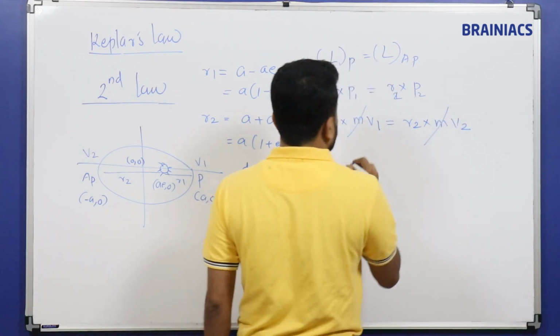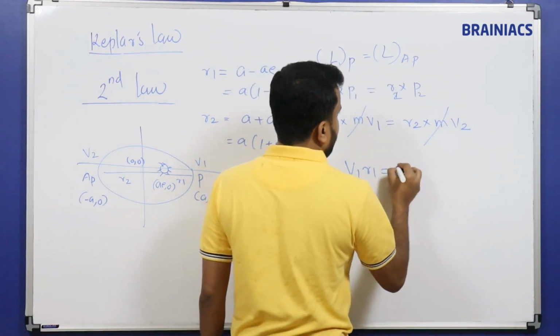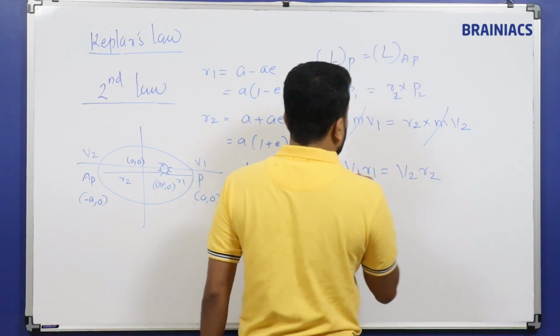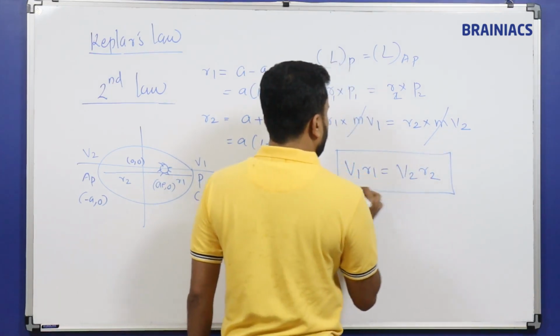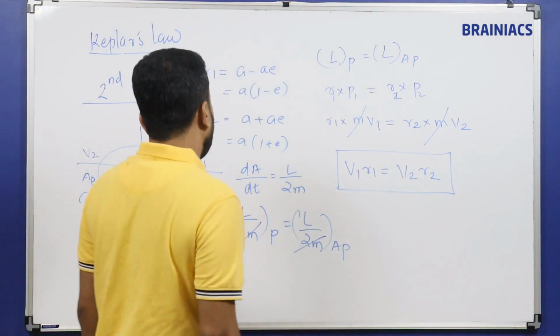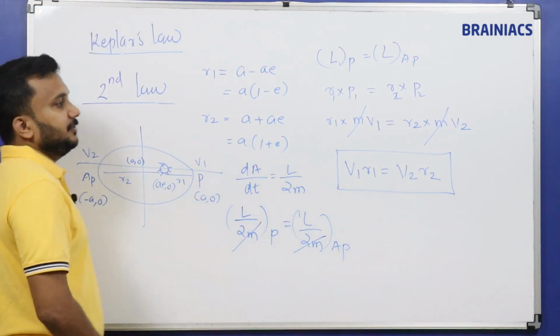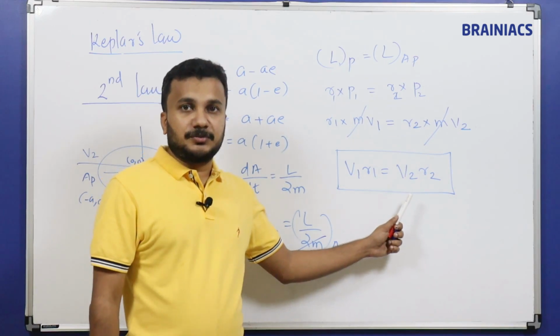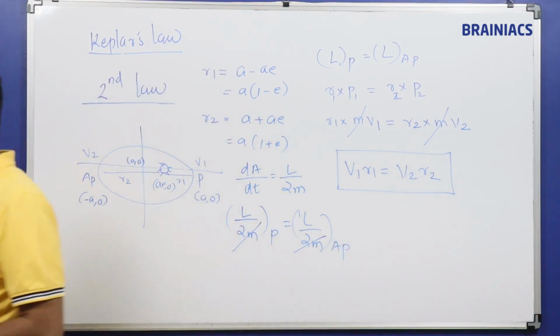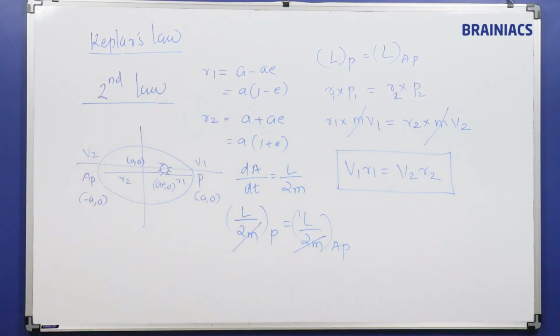Again M and M cancel. So V1 R1 equals V2 R2. This is the relation connecting the velocity of the satellite at perihelion and the velocity of the satellite at aphelion. Very important. We will use this formula throughout to solve various numericals. Okay. So do not ignore this one. It's really important to solve that.